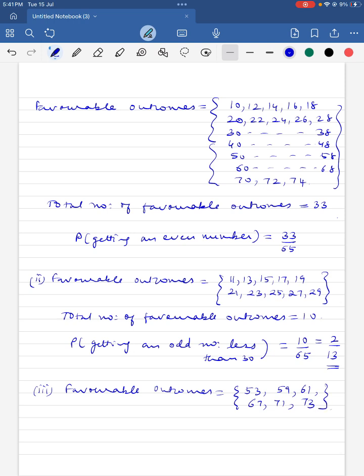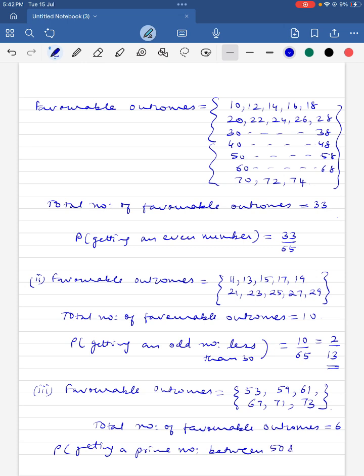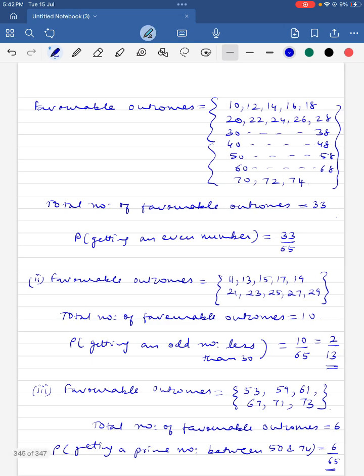So the total number of favorable outcomes is 6, and the probability of getting a prime number between 50 and 74 is 6 upon 65. This is the A part of the question.